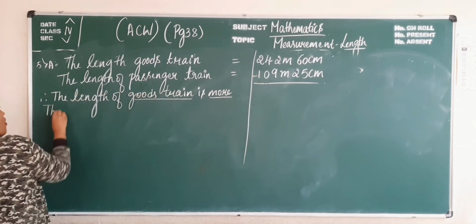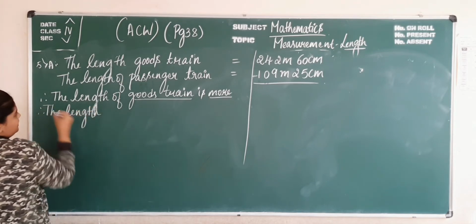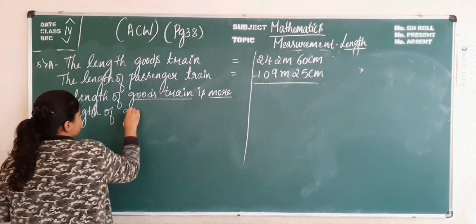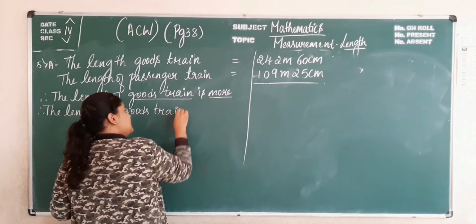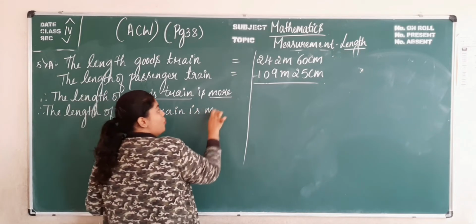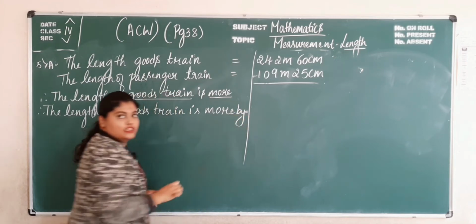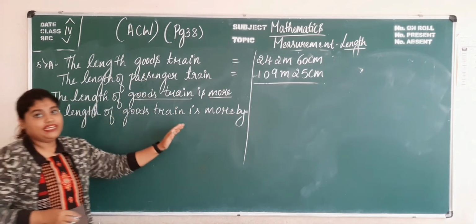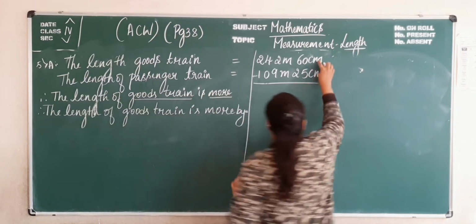Therefore, the length of goods train is more by, how we will find out? We will be subtracting, right? So first, what we will write?